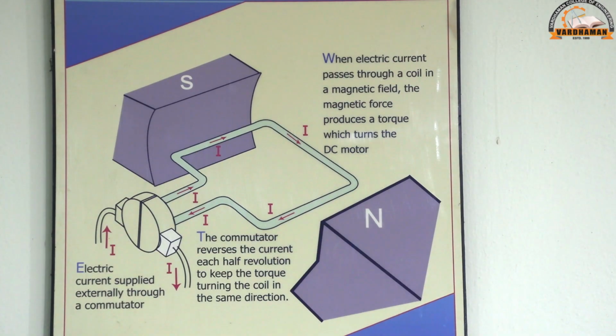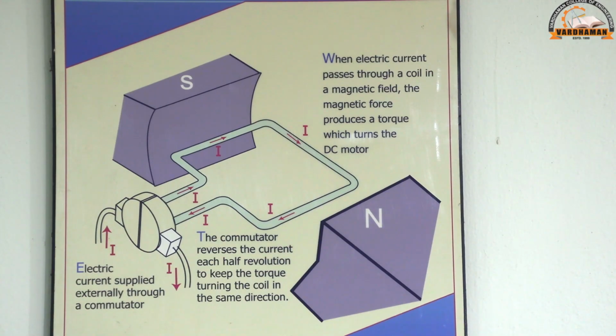The purpose of using electromagnets is that you can control the magnetic property by controlling the input excitation current, which is DC. If you increase the current, the magnetic property also increases. If you decrease the current, the magnetic property also decreases, because the magnetic property depends on the excitation current.